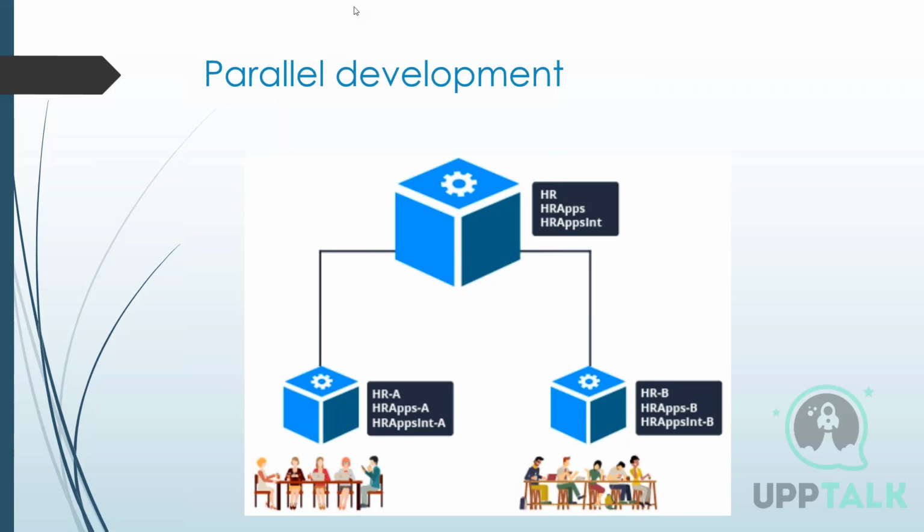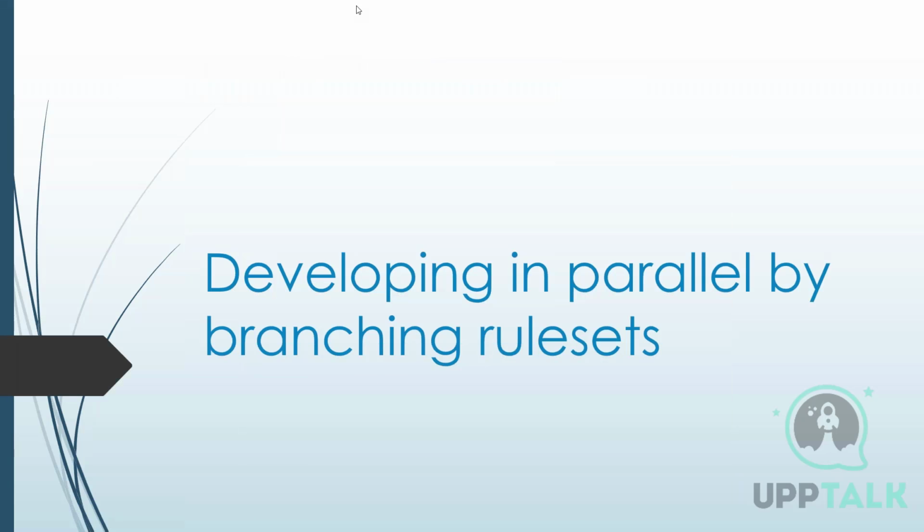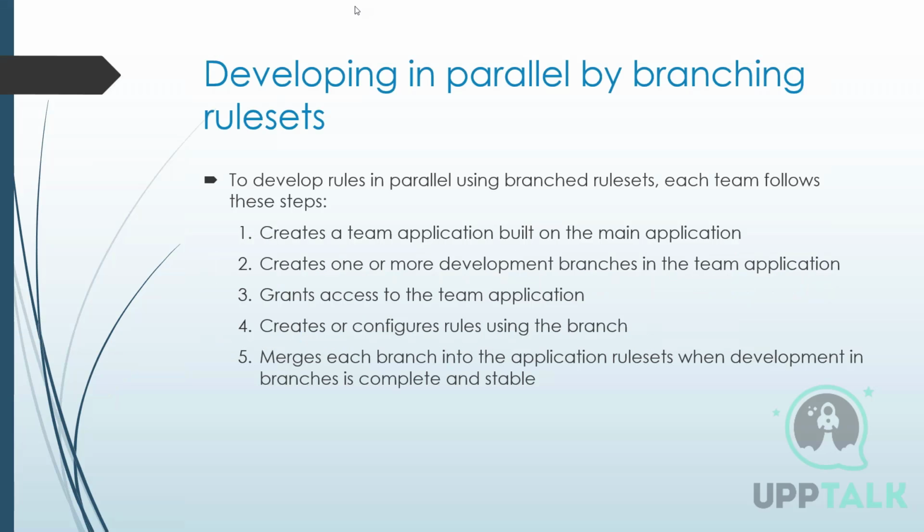So we'll be talking about that. We have a process involved. There's a step-by-step process here in order to work on the parallel development. So let's see. There are 5 steps involved. Step 1. Create a team application built on the main application.